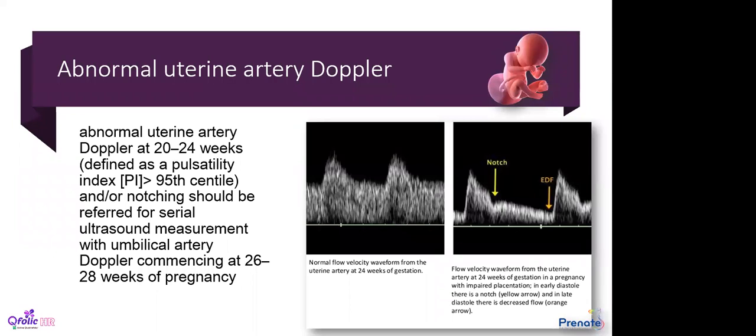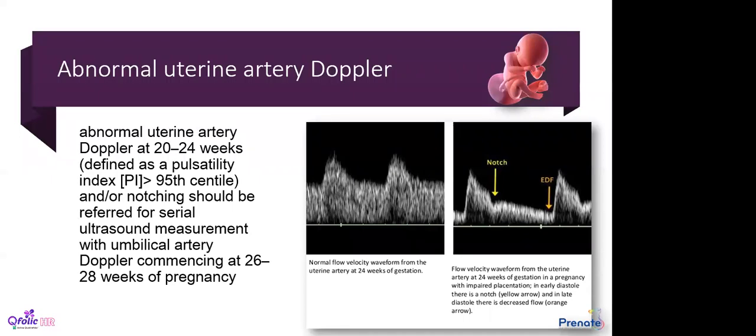This shows the uterine artery on the left side, a normal artery showing blood flow during systole and diastole. On the other side, the abnormal uterine artery shows early notching during diastole, as well as reduced blood flow during diastole.